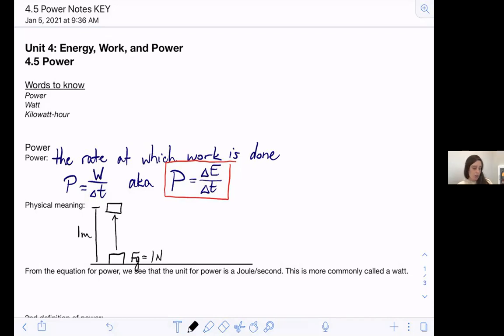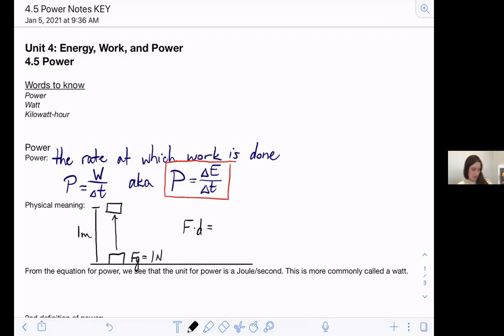Now, we know that if we move an object 1 Newton over the distance of 1 meter, right, then we are taking a force and moving it some distance, and so we would be creating a joule out of this.